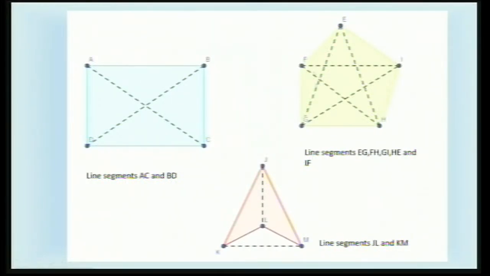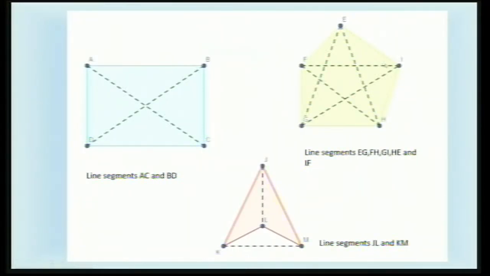Now coming to the pentagon, if I start with E, F, G, H, I, when I start with E, F and I are the adjacent vertices, whereas G and H are the non-consecutive vertices, because F and I become the consecutive or adjacent vertices. So I have just joined them with line segments.